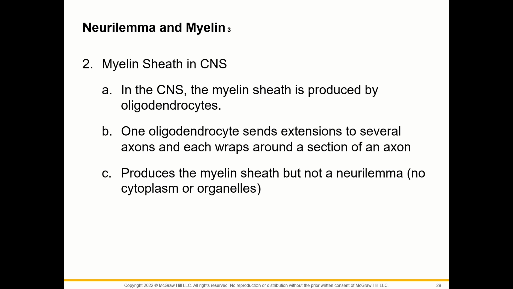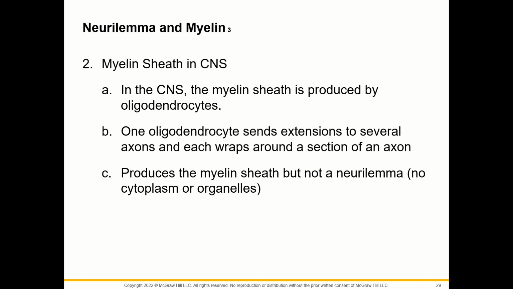So for the central nervous system, the myelin sheath is going to be produced by oligodendrocytes. One oligodendrocyte can send extensions to several axons, and each wraps around a section of the axon. It produces the myelin sheath, but not a neurolemma, so there won't be any cytoplasm or organelles.